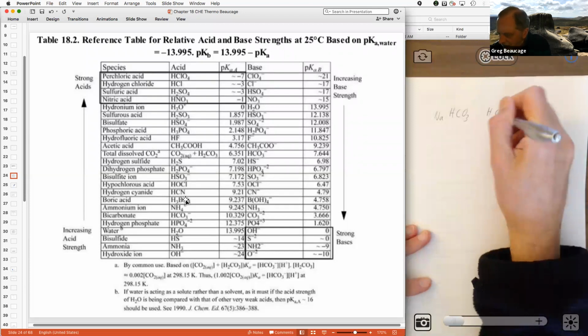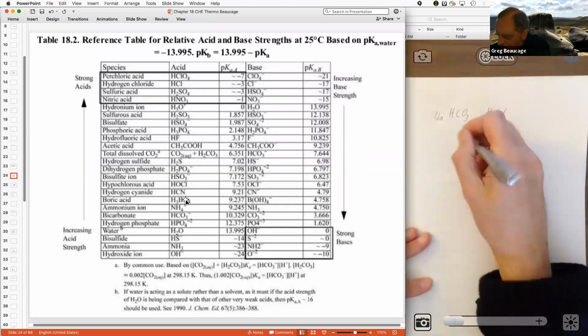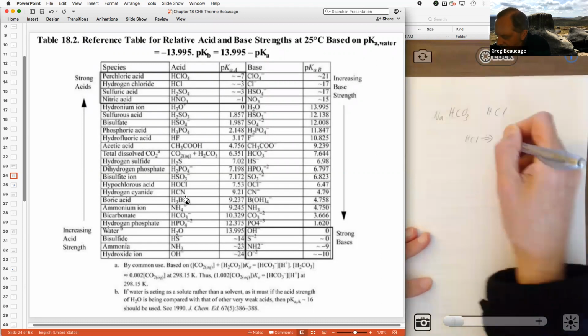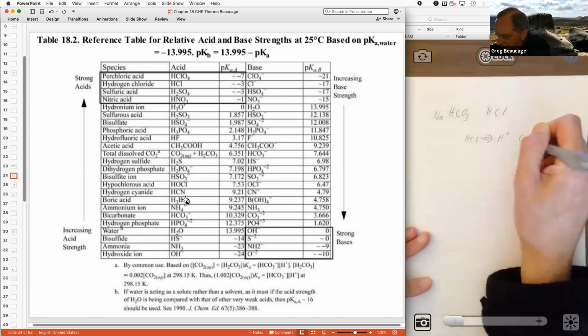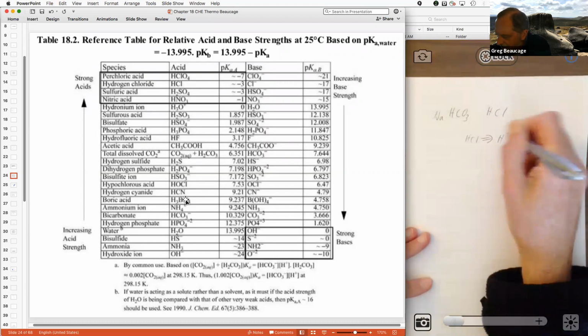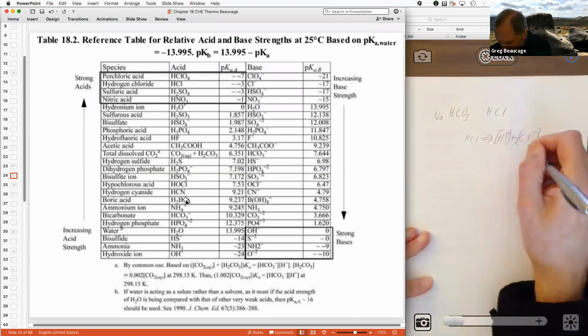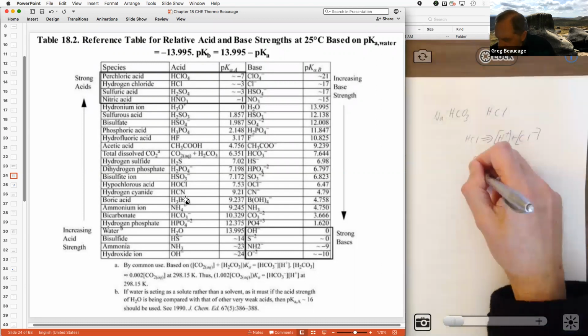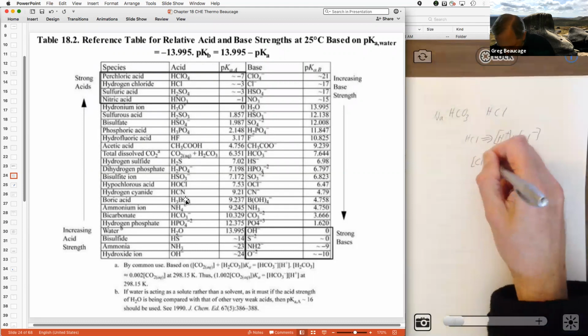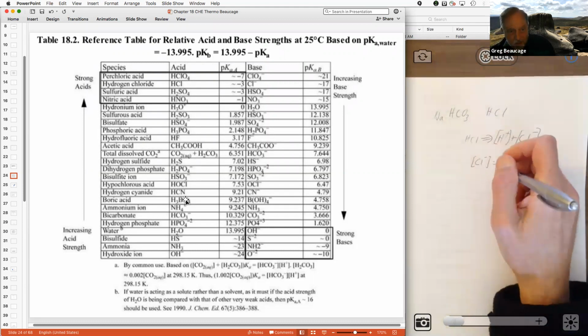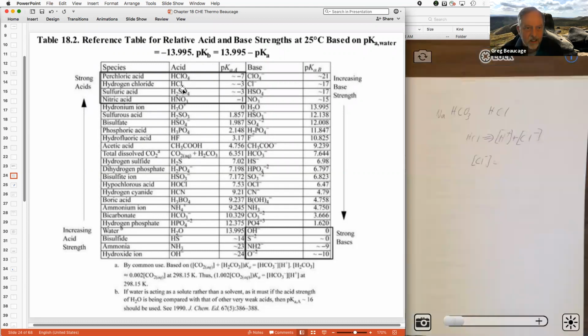So the HCl just goes directly to H plus and Cl minus. It's just a source of H plus, and the concentration of Cl minus is fixed at whatever the concentration was. You see HCl at the top of the chart, so it's a strong acid, and those totally dissociate.